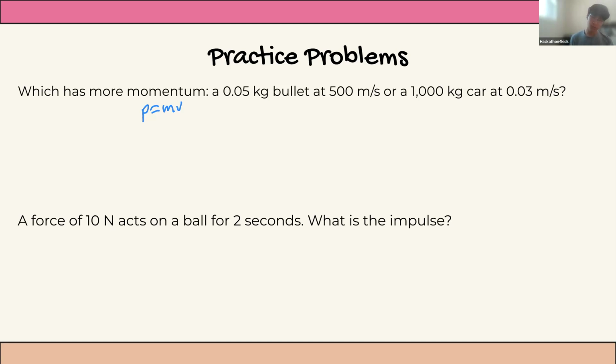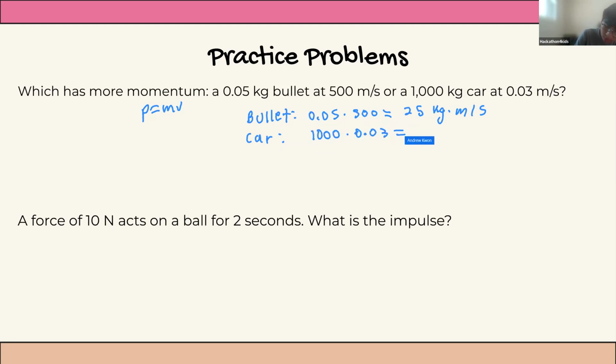Okay, I'm seeing some answers, and yeah, they are correct. Okay, so let's solve this, right? So let's solve for the bullet first, right? 0.05 times 500, right? That would be 25. You can do the car also, just 1000 times 0.03, so equal 30, right?